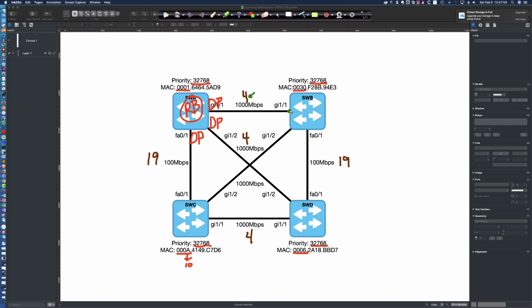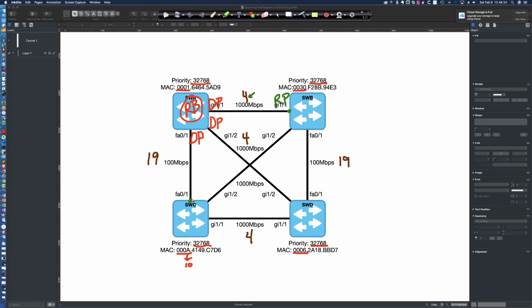So no doubt, my directly connected link right here with a cost of 4 is going to be my root port. Now, remember, we don't start diving into the other ports on that switch. We identify for each individual non-root bridge its root port. So switch A is done, switch B is done for root port, switch C.